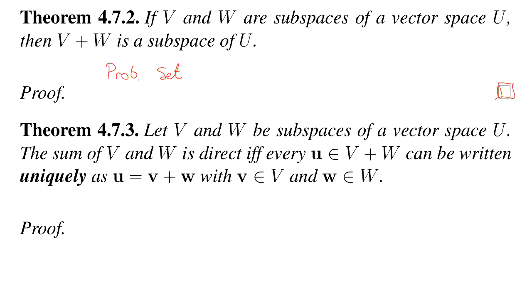The nice thing about a direct sum is that for every element of your sum, there's precisely one way to decompose it as a sum of something from V and something from W. Okay? So the sum is direct if and only if for every vector in the sum, there's a unique way of decomposing it in terms of something from the first space plus something from the second space.